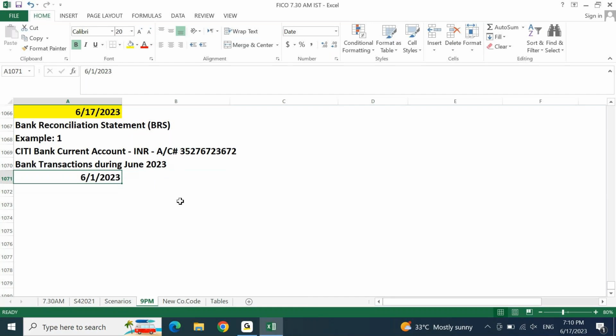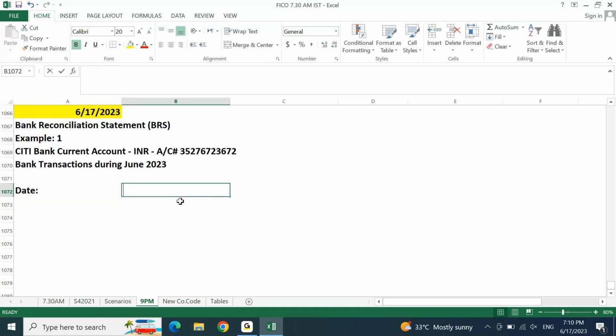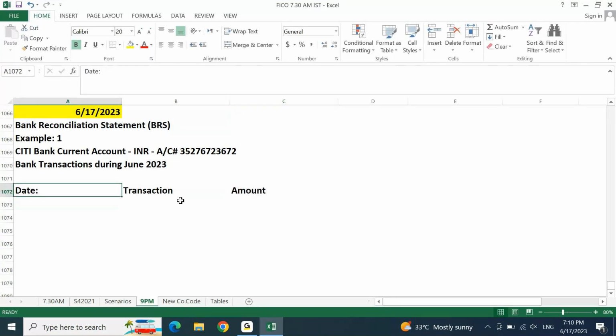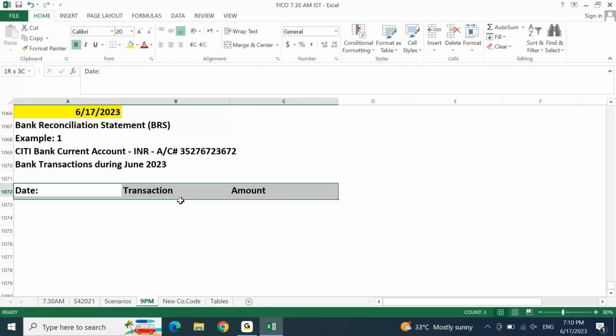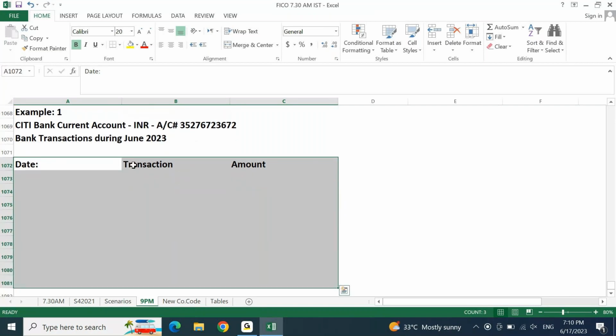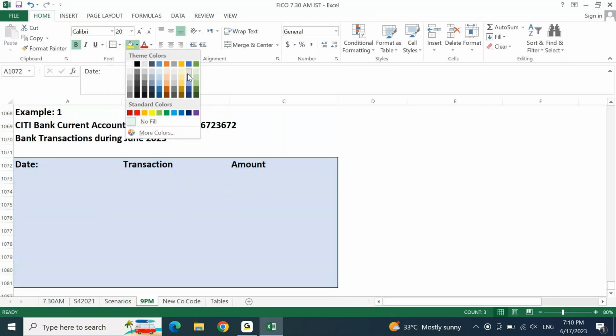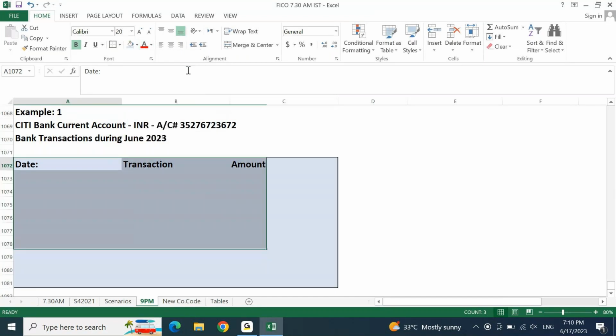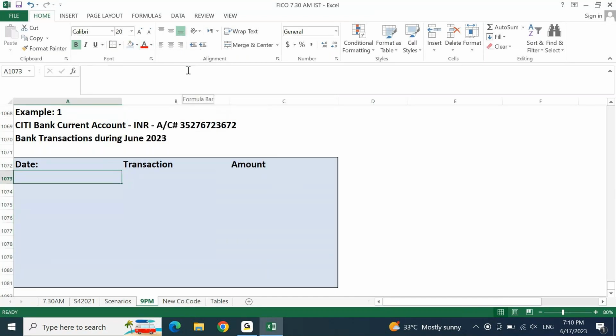I'll put date, transaction, amount. Date I'll take 1st June 2023.